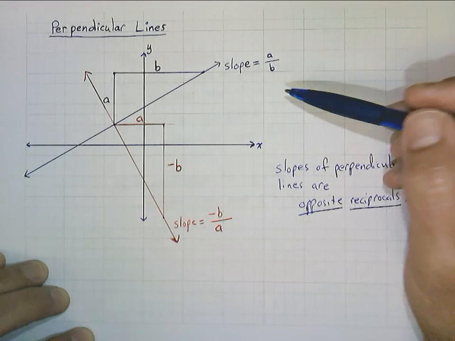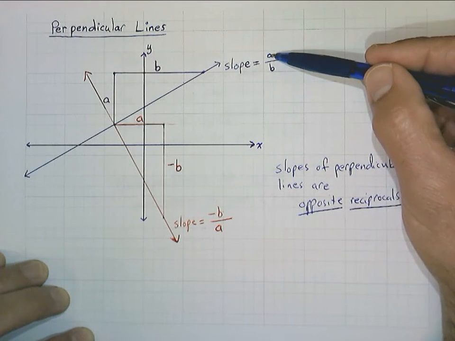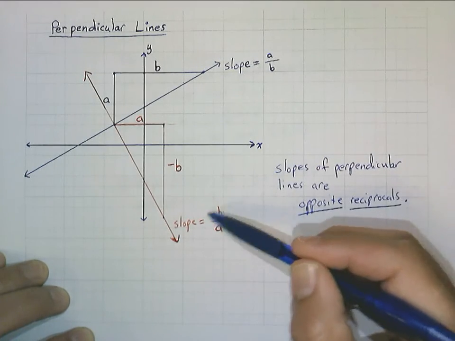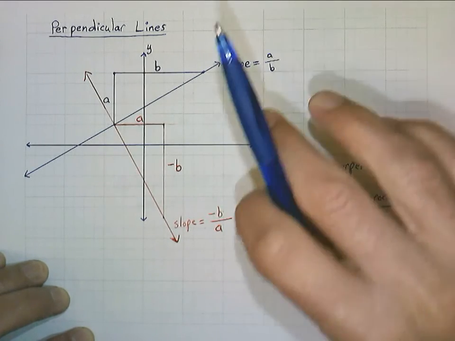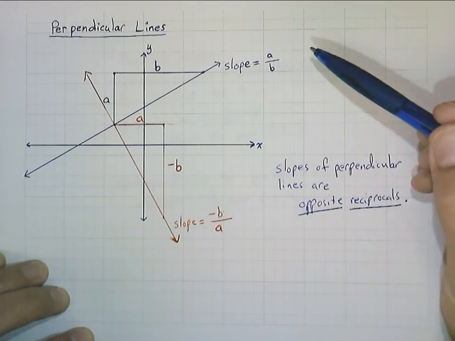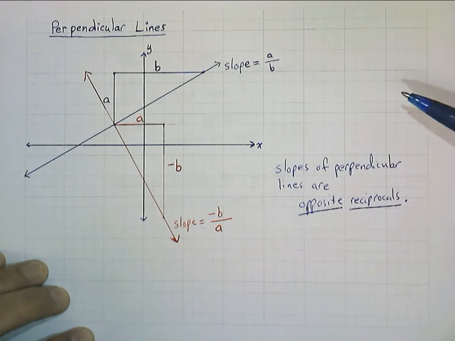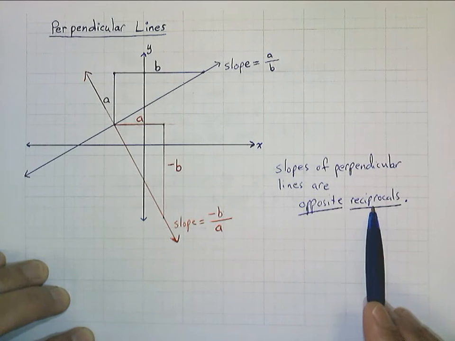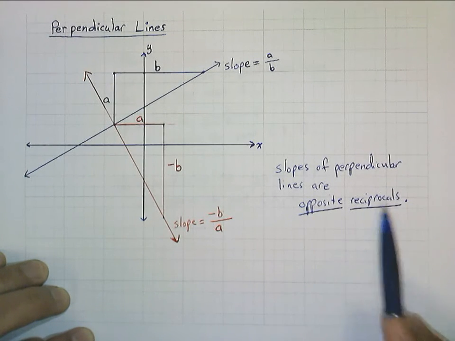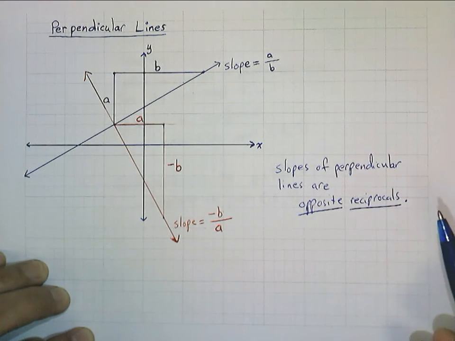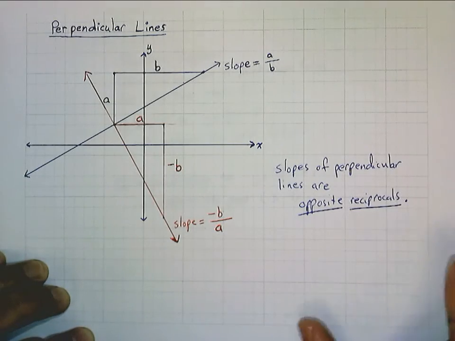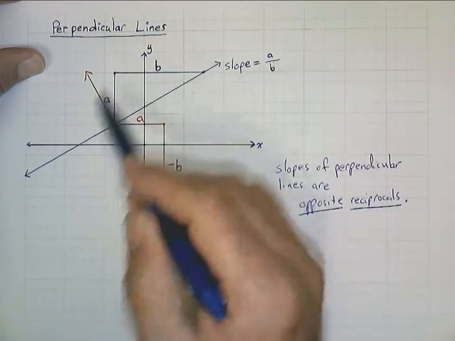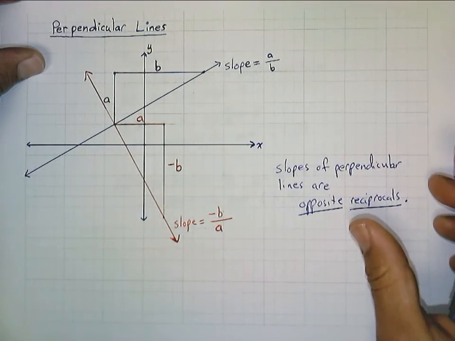Right? No big deal. But also, what was the rise becomes the run. What was the run now becomes the rise, with, of course, the negative. So we take the fraction, we flip it over, and we also make it negative. That's why I call them opposite reciprocals. They're opposite signs of each other, and they're also, if we forget about the signs, reciprocals of each other. Okay? And that's pretty much the big idea there. This one, slightly more difficult, but if you understand this picture, not a hard thing to remember.